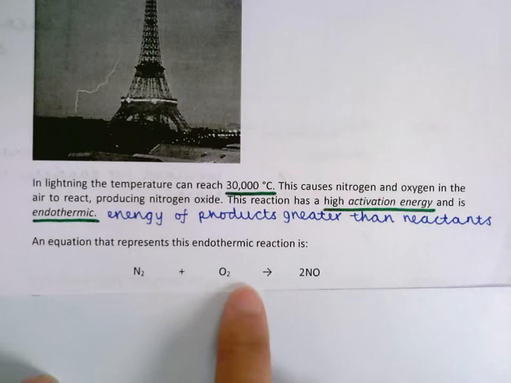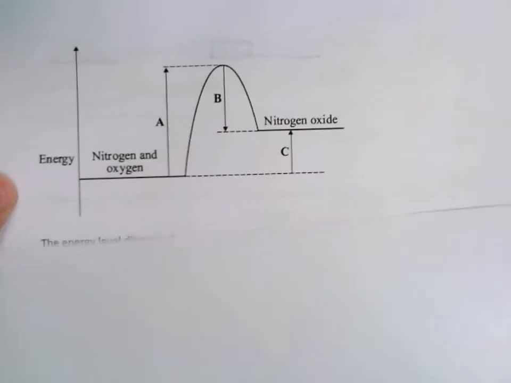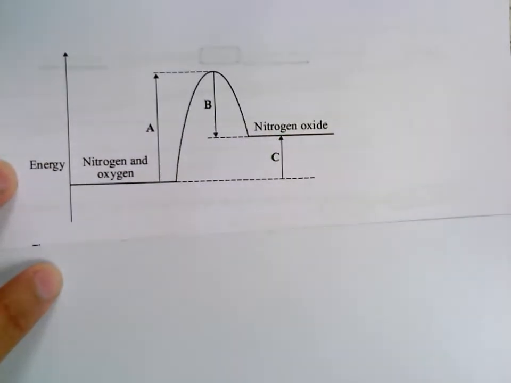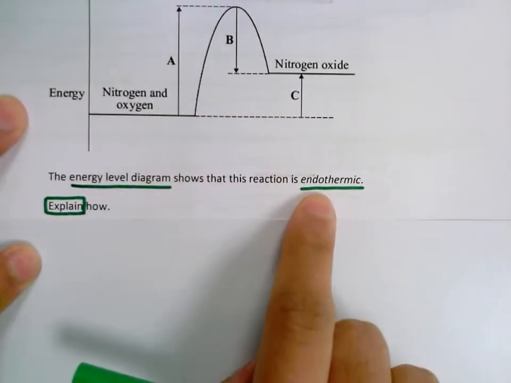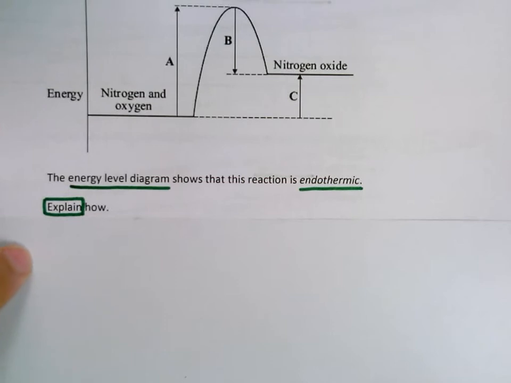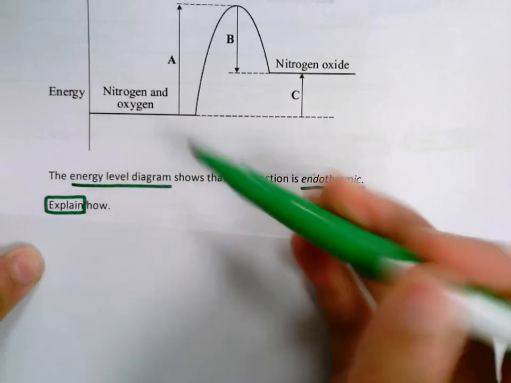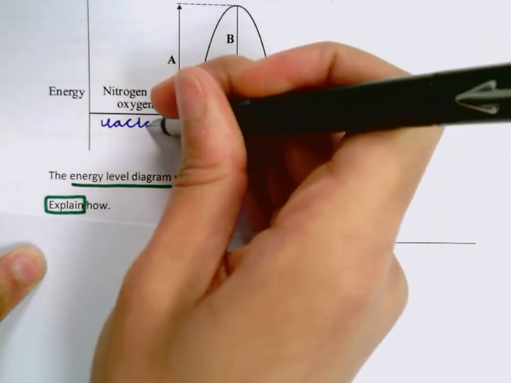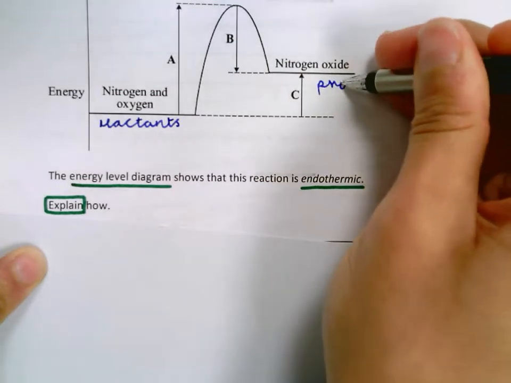And this equation represents this endothermic reaction, and they've given us the energy level diagram. So, all of this energy has come from the surroundings. We need to explain why this energy level diagram shows that the reaction is endothermic. So, first of all, we can see that the energy of the reactants is lower than the energy of the products.